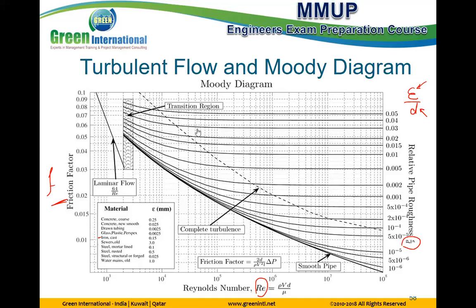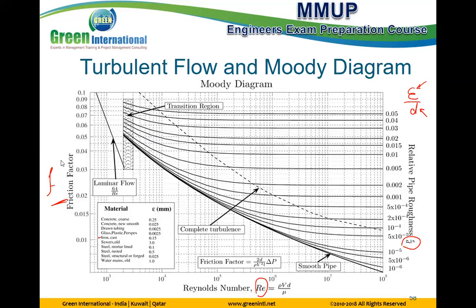These lines, you see these lines slightly curved from below and here almost a straight line. You see this line? This line starts from here and goes straight like this. Actually, this line represents the relative roughness.